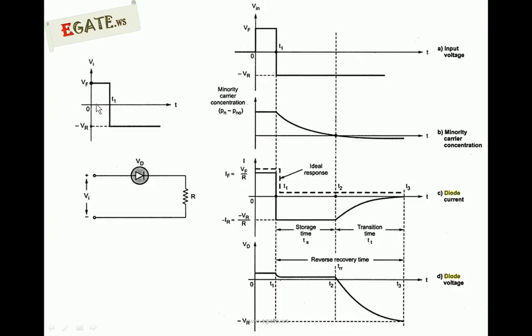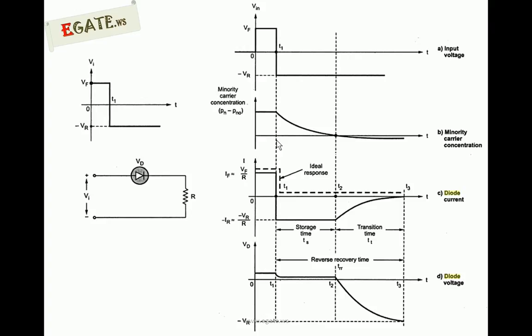If the input voltage suddenly changes towards minus Vr at t is equal to T1, that is this line, the first step it has to do is remove the excess minority carrier charge, but it requires some time.